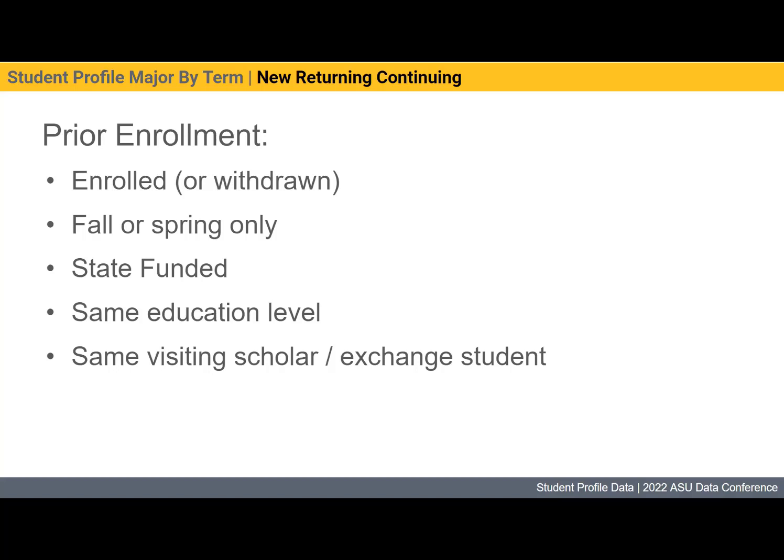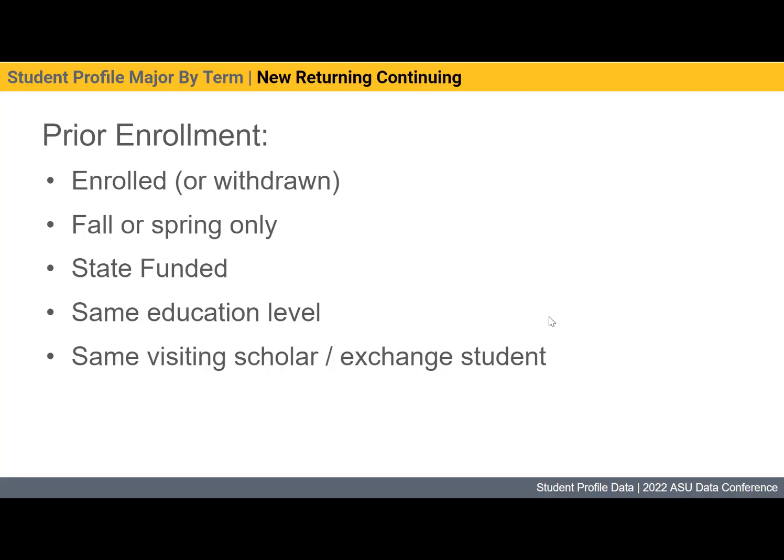Those are contract classes. Common ones are the MBA Shanghai program. Another example is the ULCs. MOOC classes, those are not state funded. So when we look at the prior enrollment, it has to have been a state funded class. Also ASU 10 is not state funded.